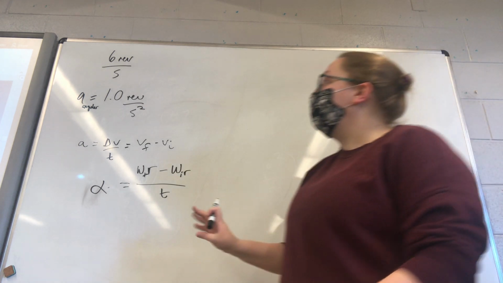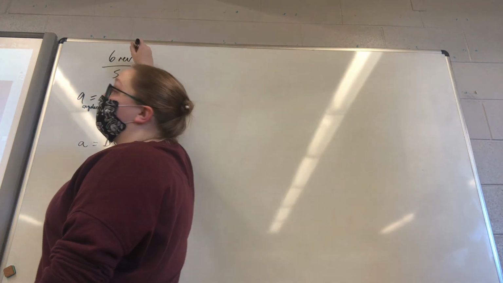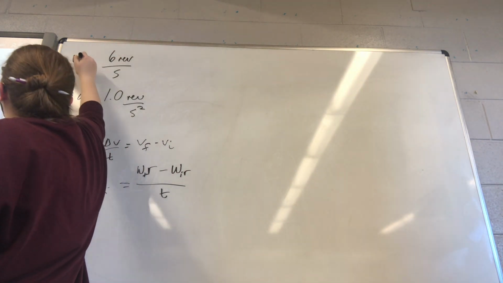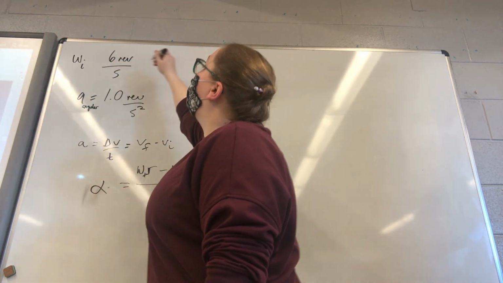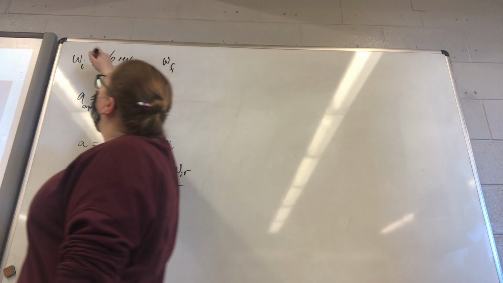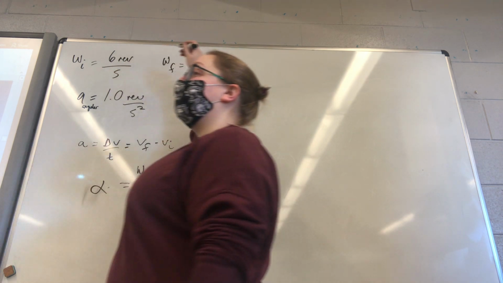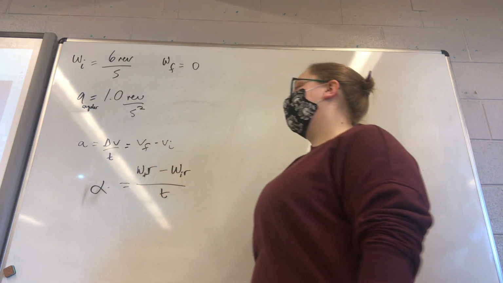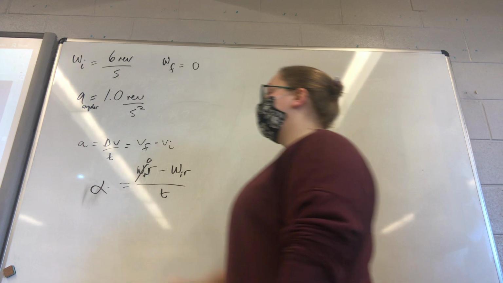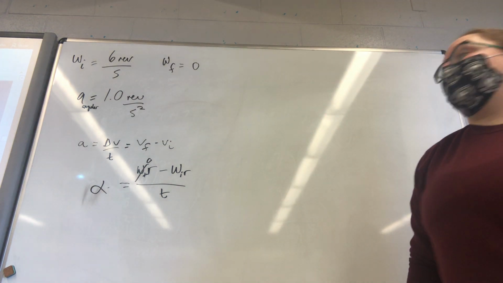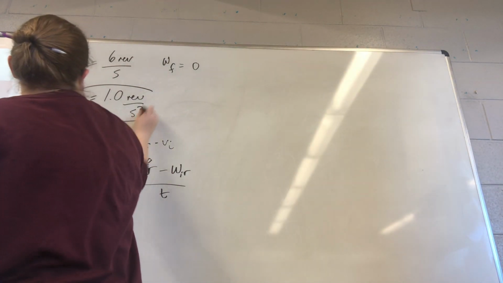Okay. Let's calm down. This is our initial speed, right? So this is w initial. What is w final going to be if the fan is coming to a stop? 0. So this is going to be 0. We were told that the angular acceleration is this.